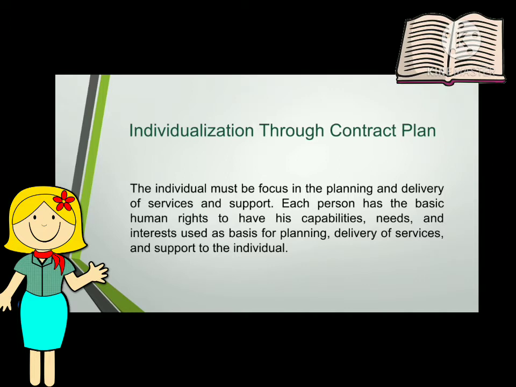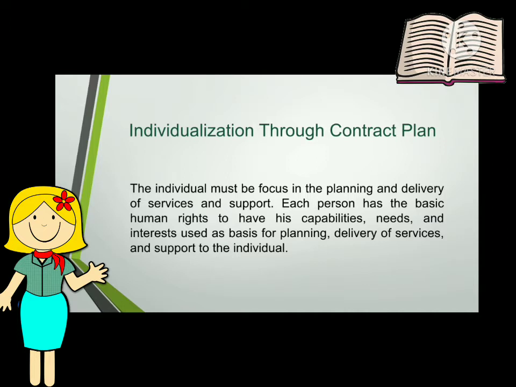So a contract plan, when you say contract plan, it is maybe a plan of study where the learner is provided a set of activities to do and a time limit to accomplish the specific task.